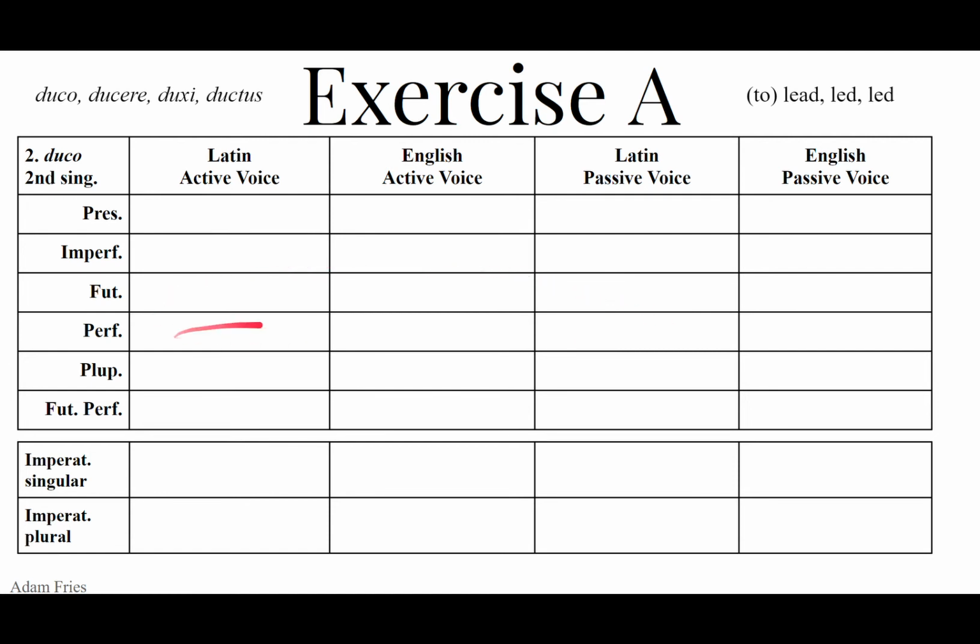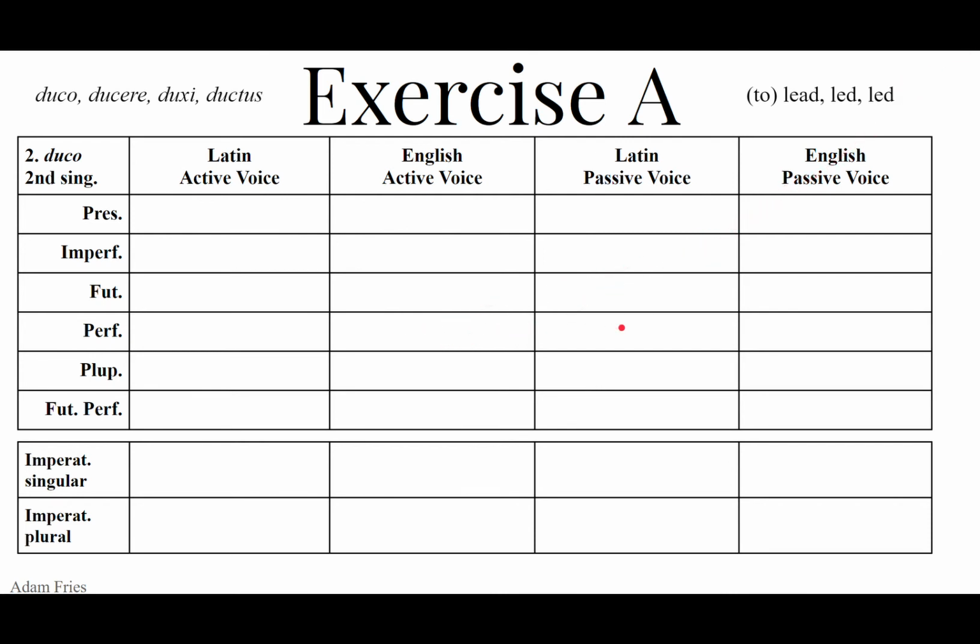So the perfect tense active voice endings are i, isti, it, imus, istis, erunt. So isti, duxisti. You led. You led, the English second principal part. You have led. That would be the English third principal part, which is the same.